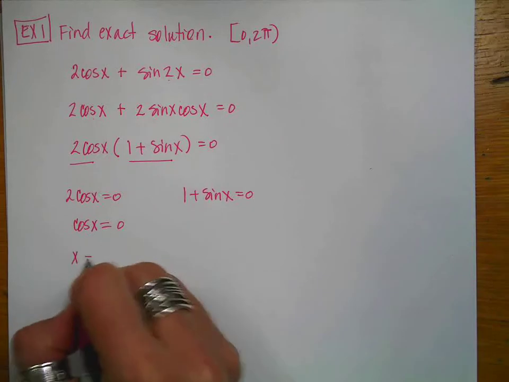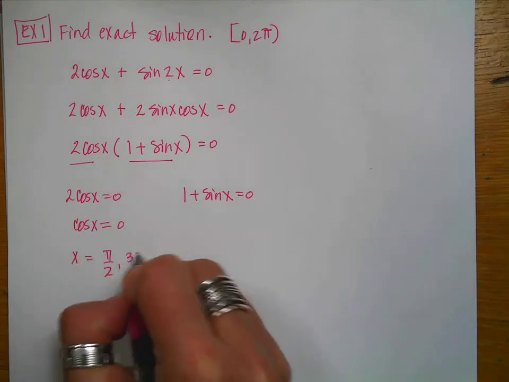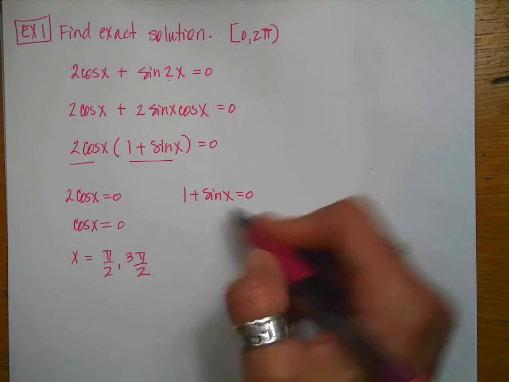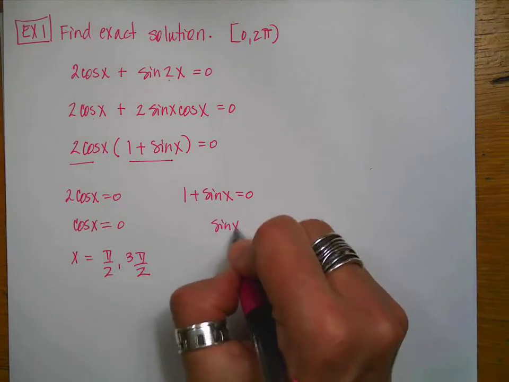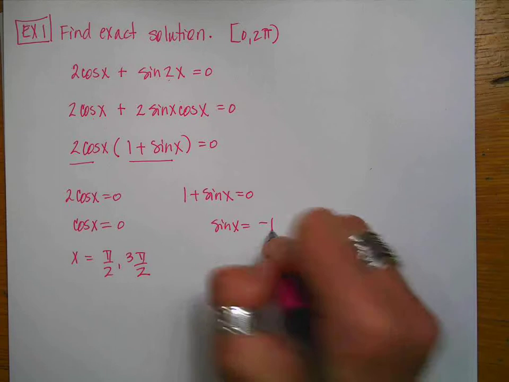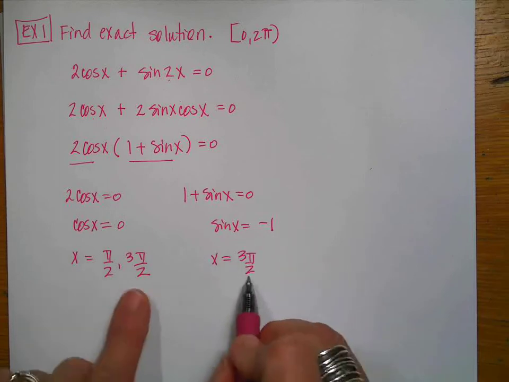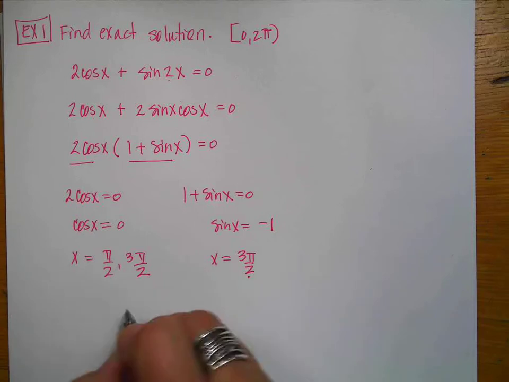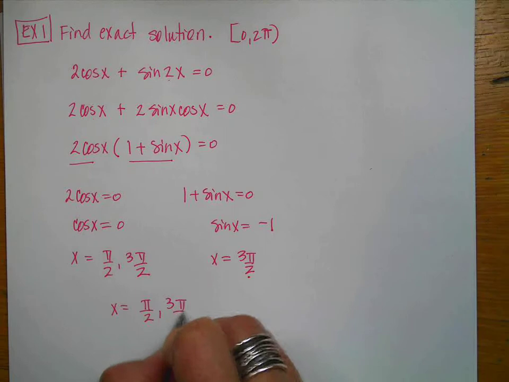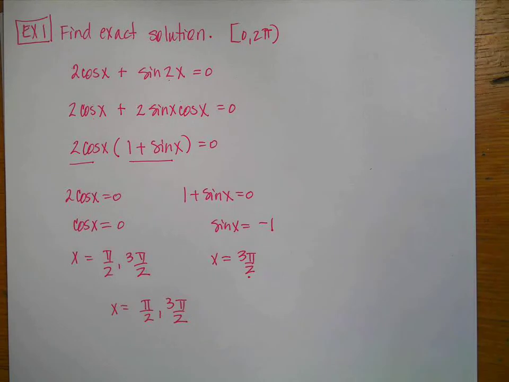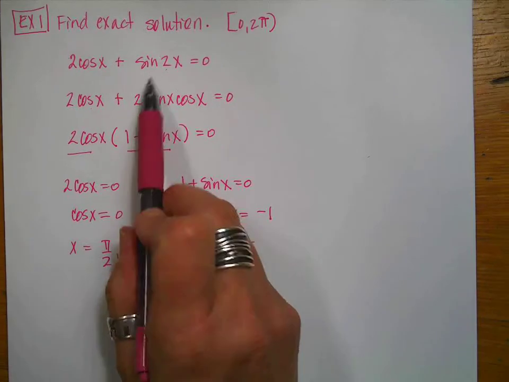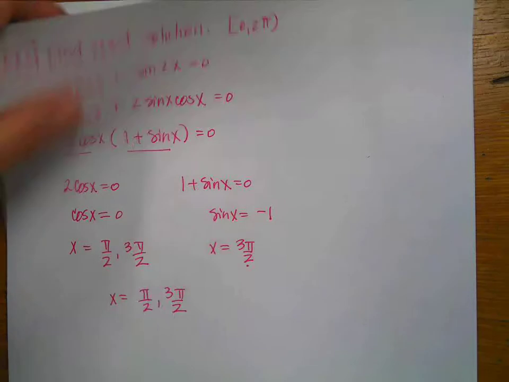Cosine is 0 at pi over 2 and 3 pi over 2. And then in this one, I get the sine of x is equal to a negative 1, and that happens at 3 pi over 2. This answer is redundant, so I'm only going to report it once, and I'm going to write pi over 2 and 3 pi over 2. So I used the double angle formula to help me simplify this trig equation.